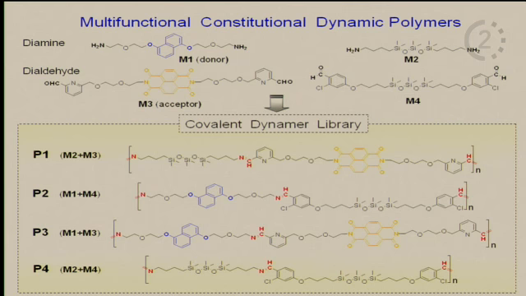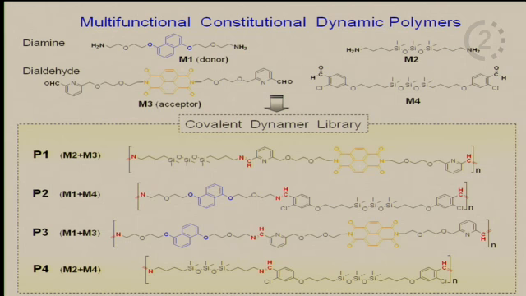We use that also because that's the dead one, the one which doesn't do anything, which shouldn't do anything. This is the dialdehyde with the acceptor, and that's the dead dialdehyde with, again, the silicon. Out of these 4, you can make 4 polymers. P1 contains the acceptor.